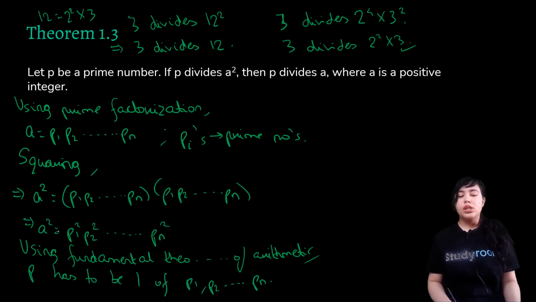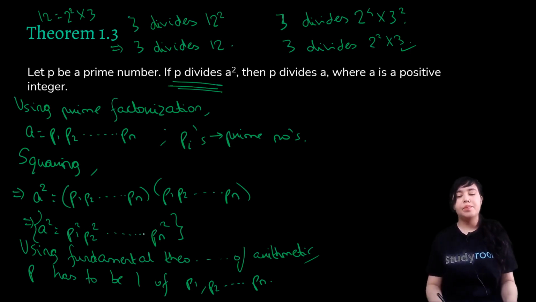So basically I've written a square as p1 square, p2 square going on till pn square. And now we are saying that if p is dividing a square, then definitely p would be one of these only, because p is not mentioned separately.